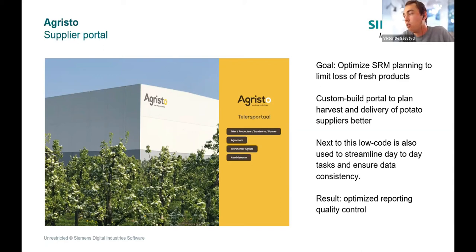So Mendix is also used to optimize the quality reporting. They have built a mobile application which allows them to measure the data or input the quality data, and this allows them to gather a standard view on the quality data.